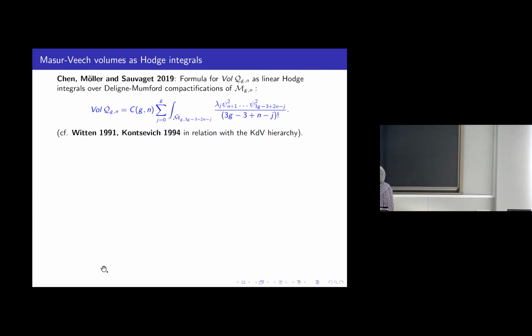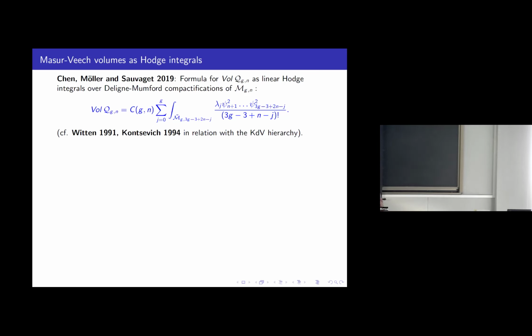And if there is no lambda_j, that would be the story of Witten, because Witten said that the corresponding numbers are described by the KdV hierarchy. The KdV hierarchy describes these integrals, right? You should consider the KdV hierarchy with initial value u equal to x.